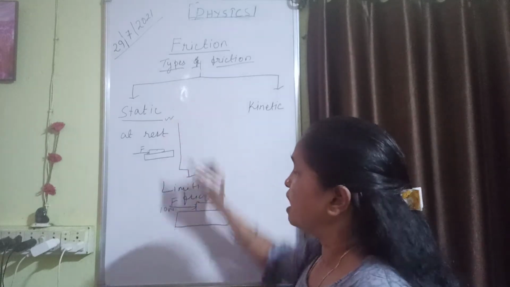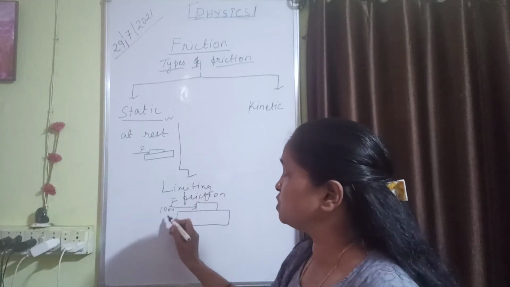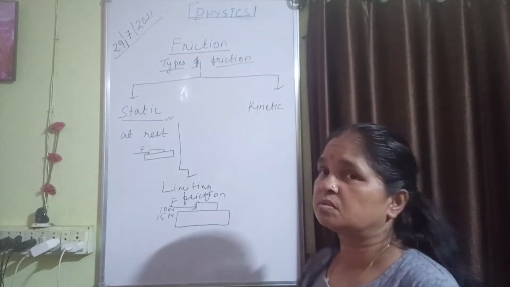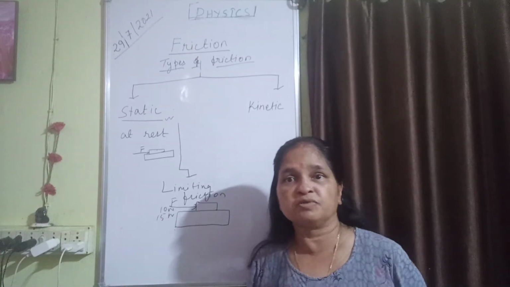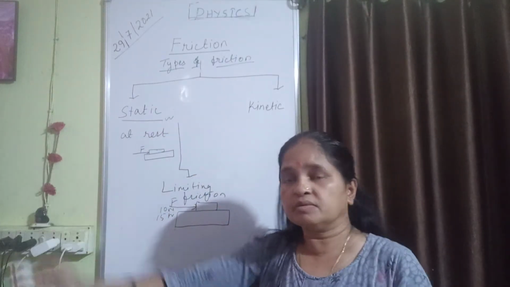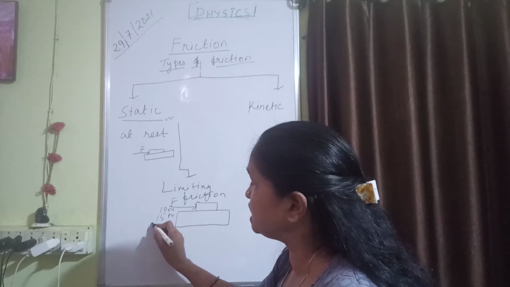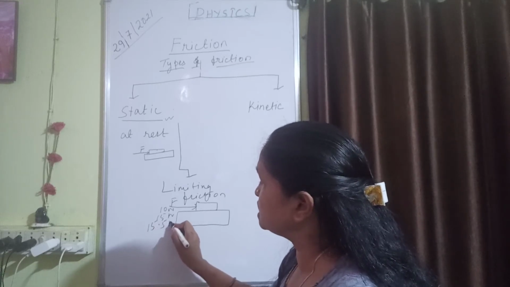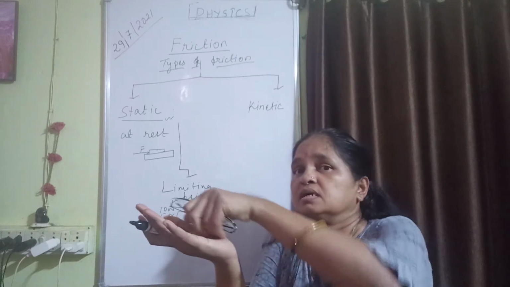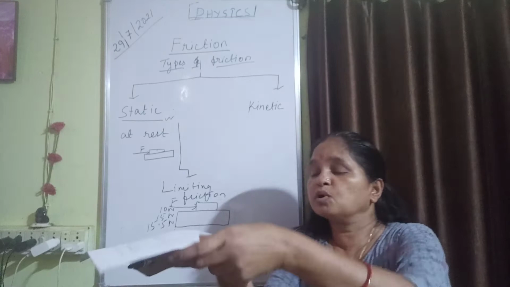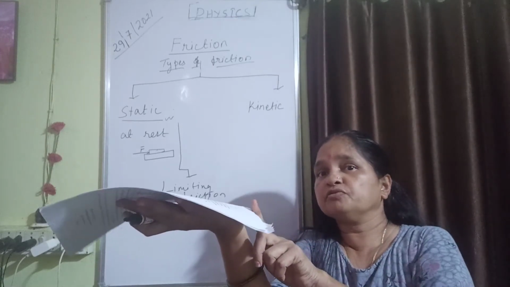It is at rest. I have increased my force from 10 Newton to 15 Newton and again the book is not moving. That means which type of friction? Static friction. But as soon as I have increased my force from 15 Newton to 15.5 Newton, the book has started moving.